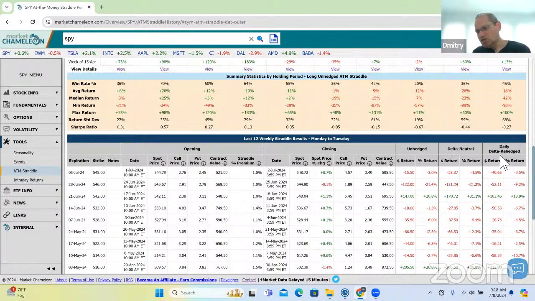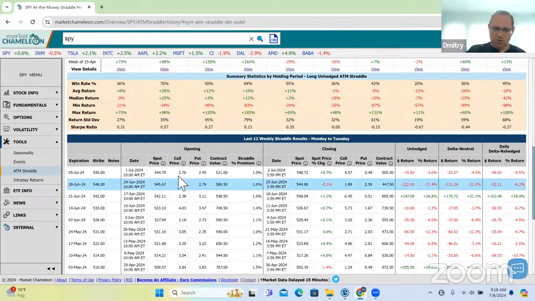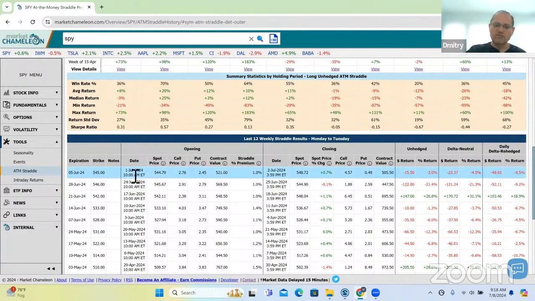Using that strategy, you could see on the week of July 1st, so this was looking at July 5th option expirations because it had to cover these two, it lost 9.5%. So now we have 3 different ways to look at that straddle.